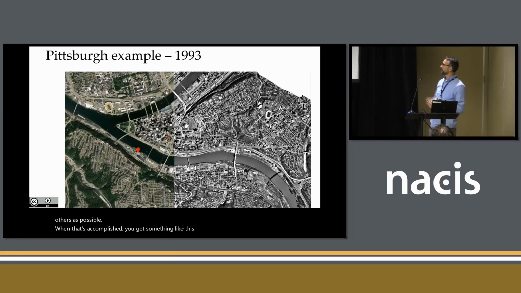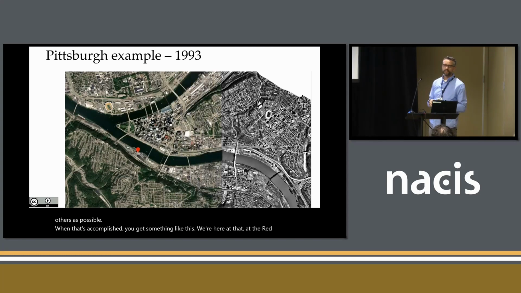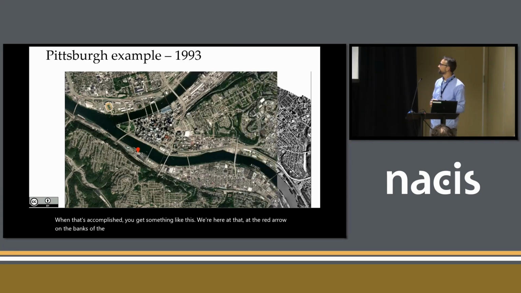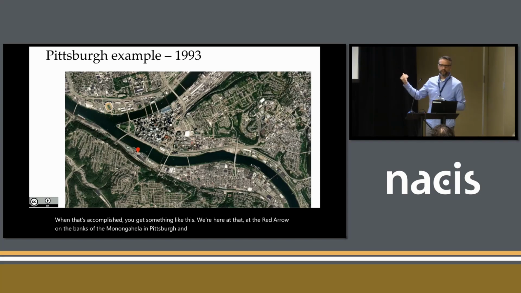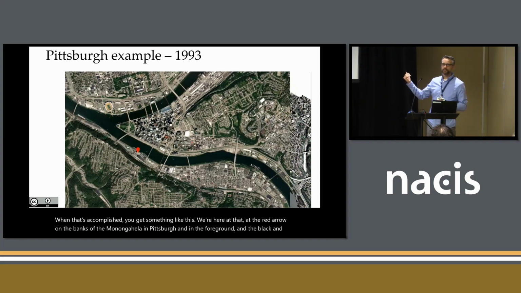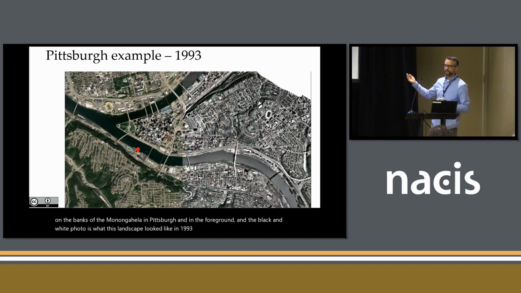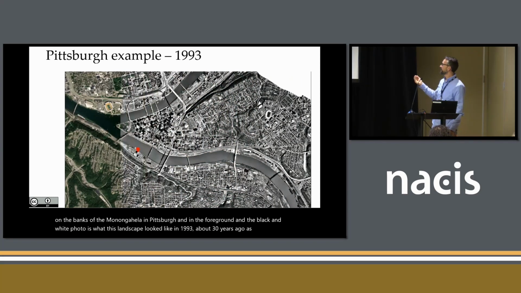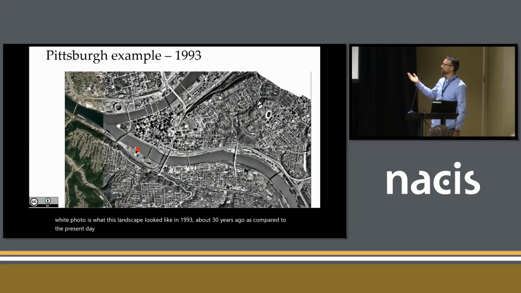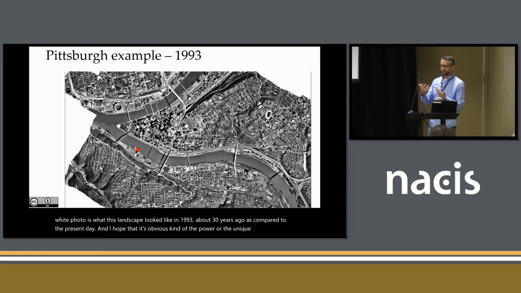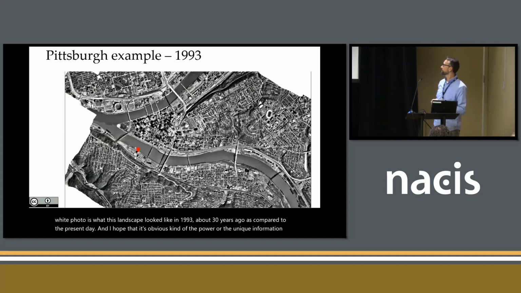We're here at the red arrow on the banks of the Monongahela in Pittsburgh. And in the foreground, in the black and white photo, is what this landscape looked like in 1993, about 30 years ago, as compared to the present day. And I hope that it's obvious the power or the unique information proposition that this resource offers.